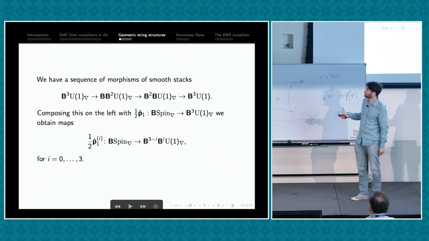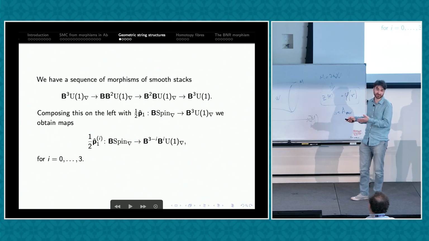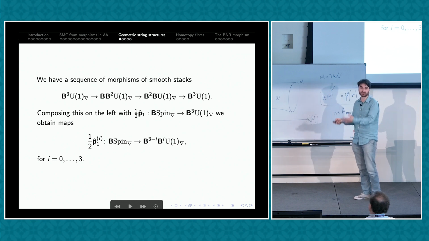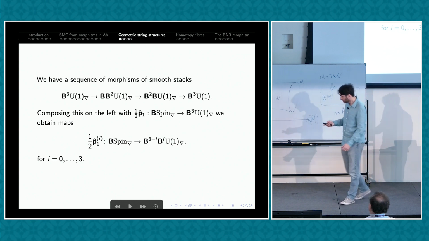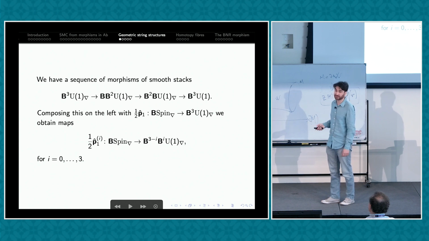So the higher the index i is, the more refined it is, the more I retain of the connection data. And we are interested in the case i equal 2.